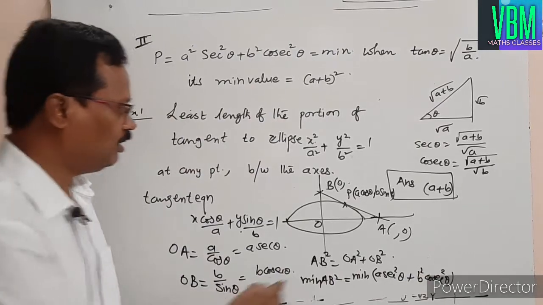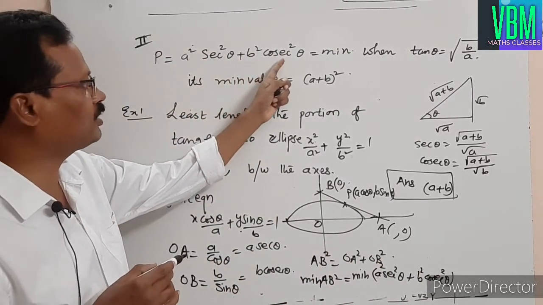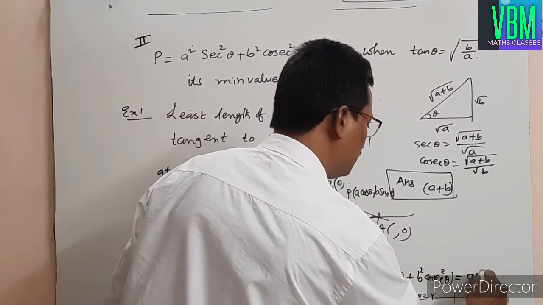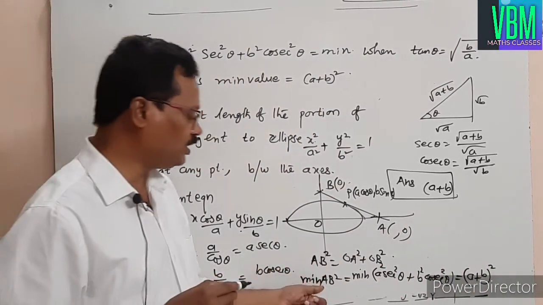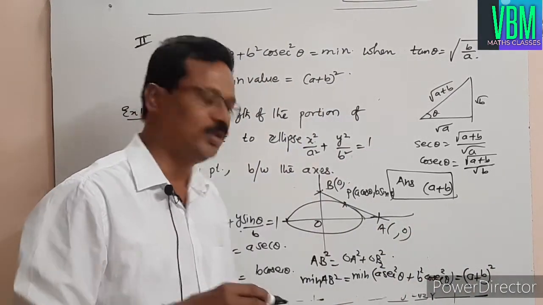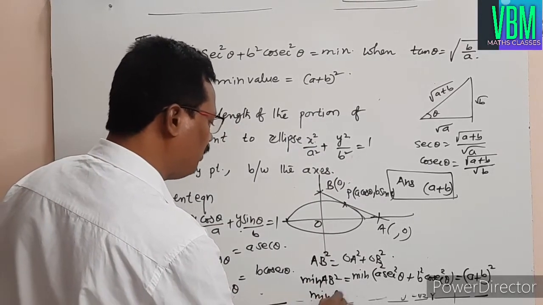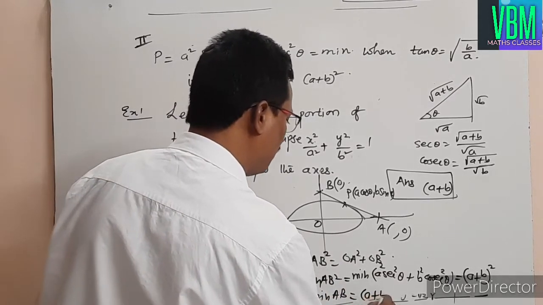What is the minimum of a square sec square theta plus b square cosec square theta? It is a plus b whole square. So the minimum of AB square we got is a plus b whole square. Then the minimum of AB is the square root of this, that is a plus b, we got.